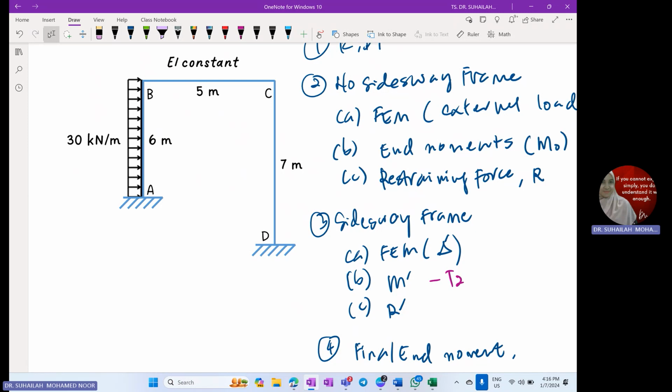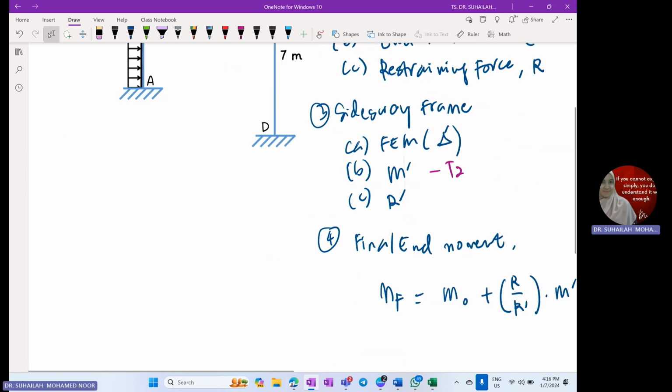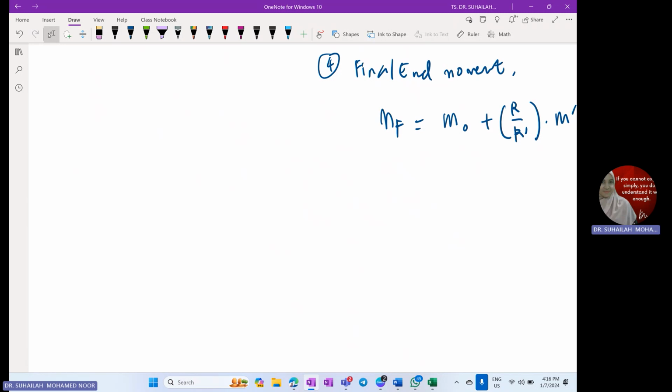Number 1 is due to external loading, and we have to add the side sway. Back to the concept of the principle of superposition.